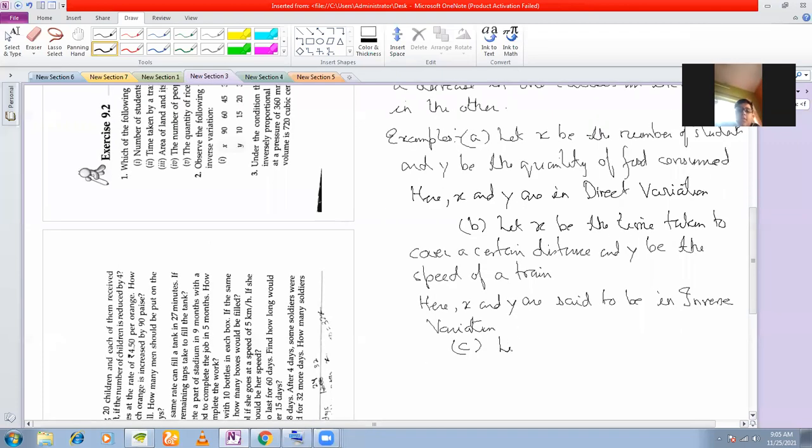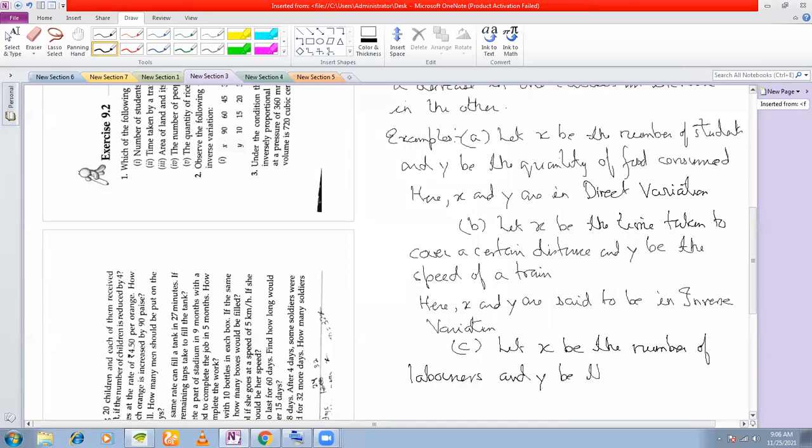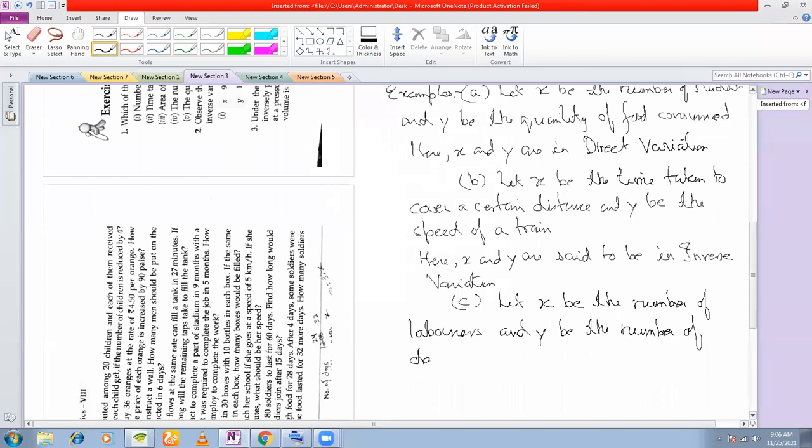Okay. If I now say let x be the number of laborers and y be the number of days taken to complete a work, then are x and y in direct or inverse variation?